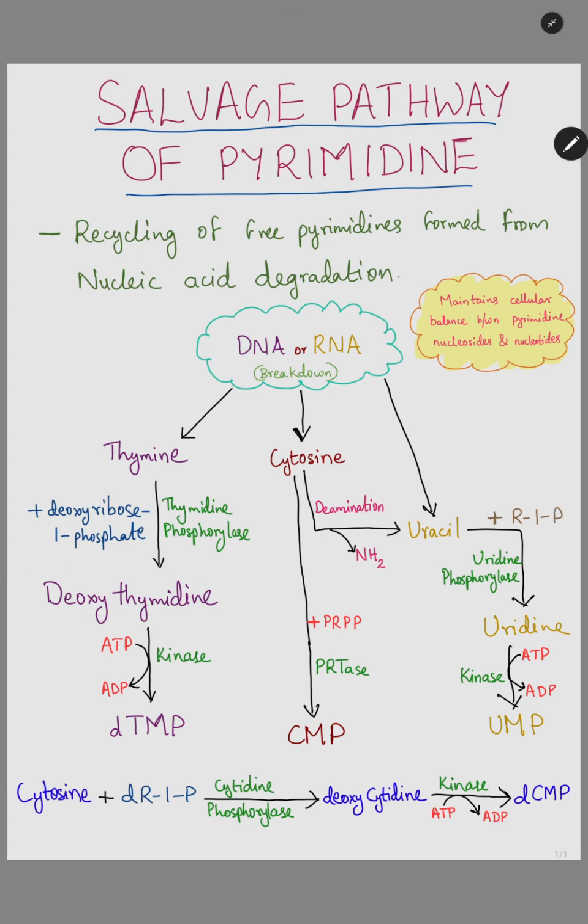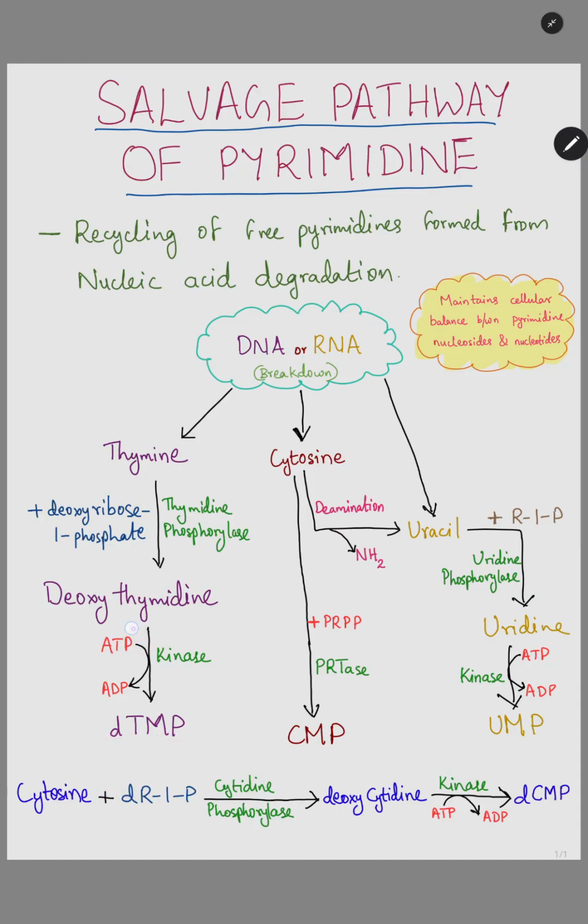Now this deoxythymidine, by the action of kinase enzyme, that is deoxythymidine kinase, forms deoxy TMP, that is deoxythymidine monophosphate, DTMP.